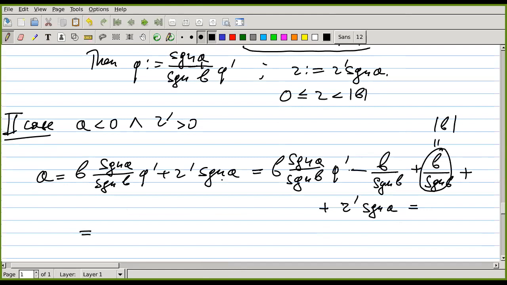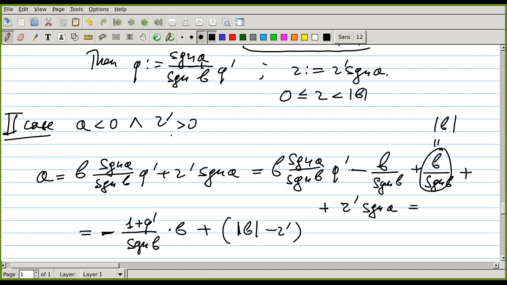And now, what do I have here? Here I have minus 1 plus Q prime over the sign of B. This is the coefficient at B. Plus what? Plus the sign of A times the absolute value of B minus R prime. Why?